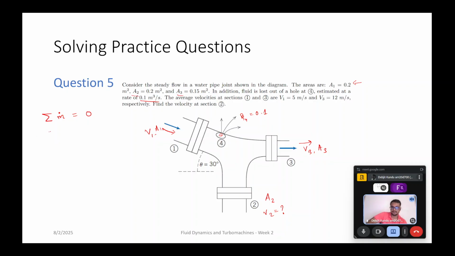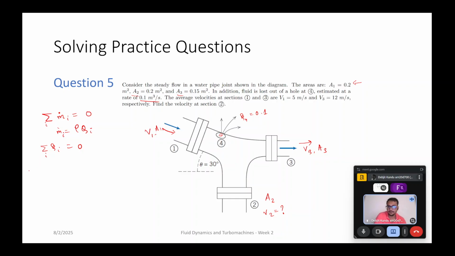And mass fluxes are basically density into flow rates. So any mass flux is equal to rho into Qi, i being the index going from 1, 2, 3, 4. And we can ignore rho for a while as well, considering that it's an incompressible flow. So it would ultimately boil down to summation of all Qi. Summation over i should give me 0.